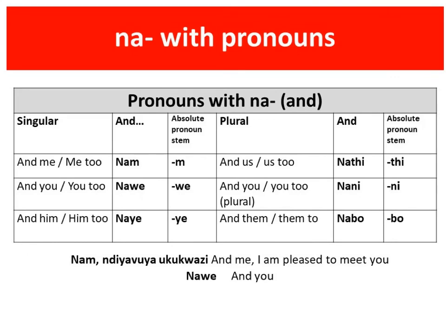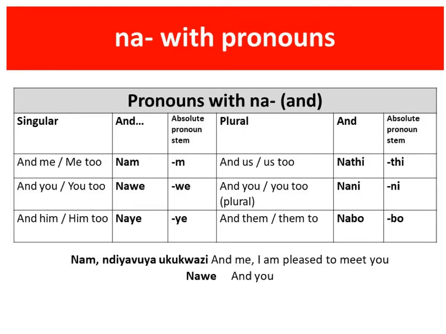Na can also be added to the pronouns, and they actually create words that are often used within the Xhosa language. So you will remember that we have those pronoun stems belonging to I, you, him, her, us, etc. And what happens is na is added to the front. So if you want to say "and me", or "me too", or "me also", that would be nam.